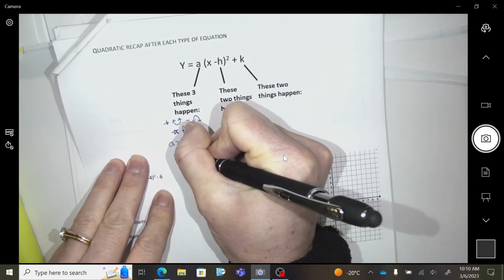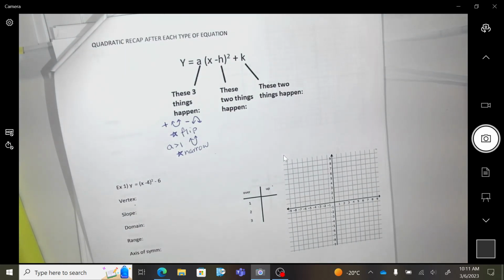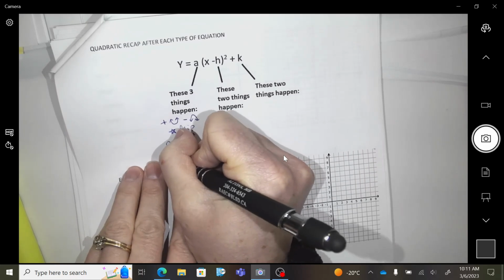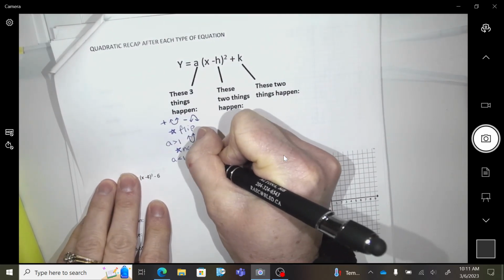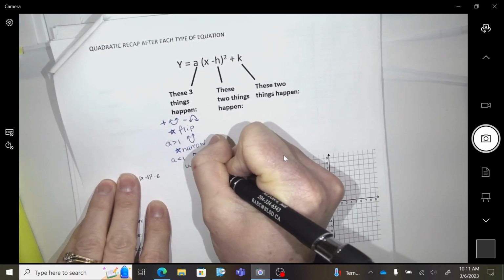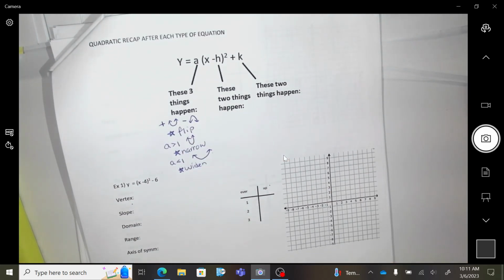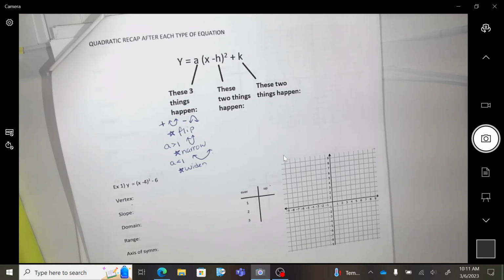So that's another word. When I ask for this, I say, what are the words of what's going on? And what if A was smaller than 1? It would widen. So those are the 3 word possibilities. If you see an A, it might flip it, it might narrow it, it might widen it.